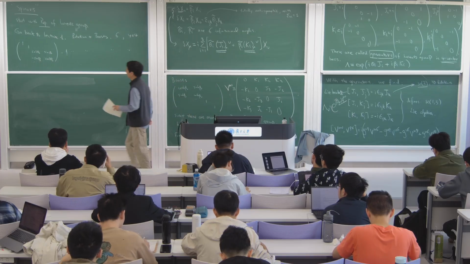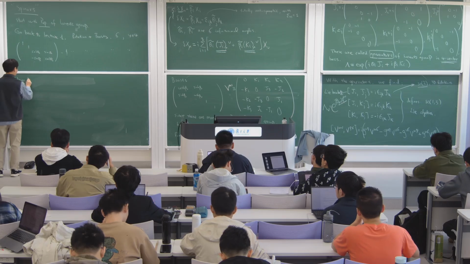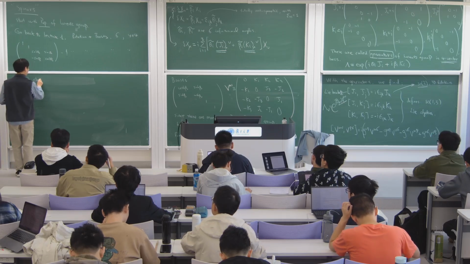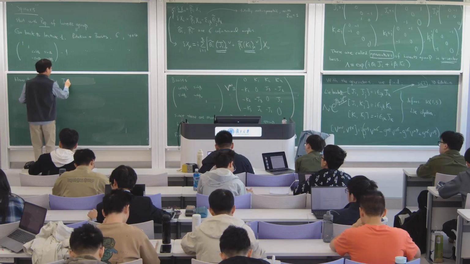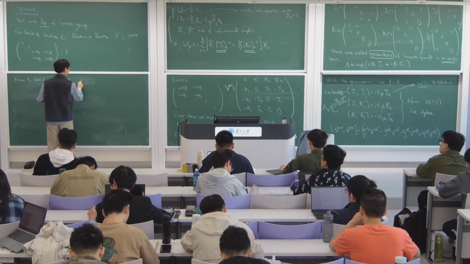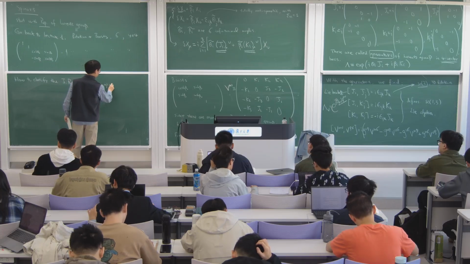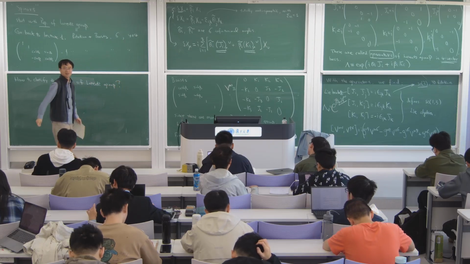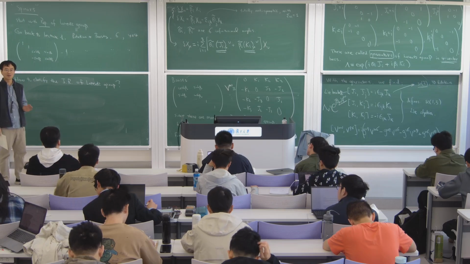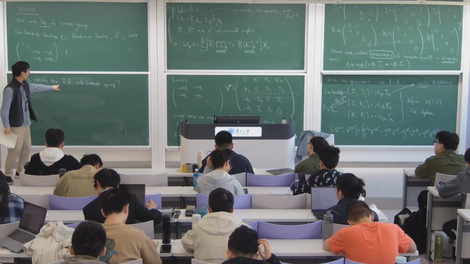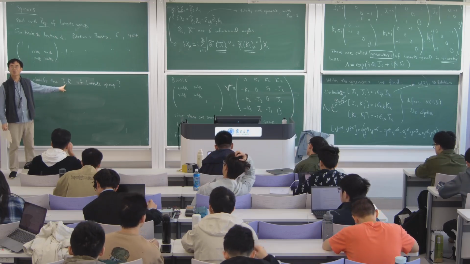So how to classify the irreducible representations of the Lorentz group? As you can see, in contrast to Wigner's work, we didn't really require unitarity here. We only say irreducible representations.